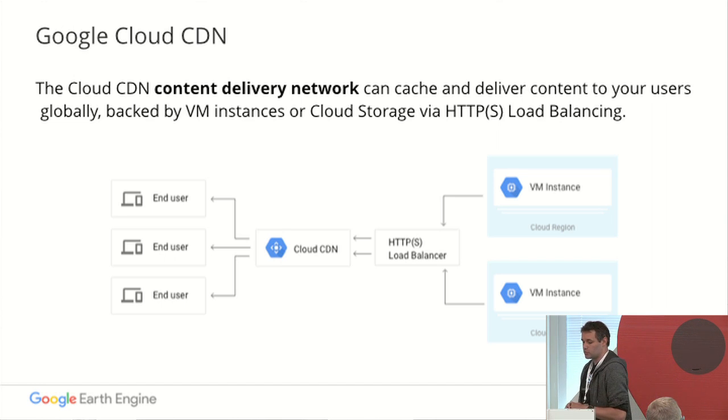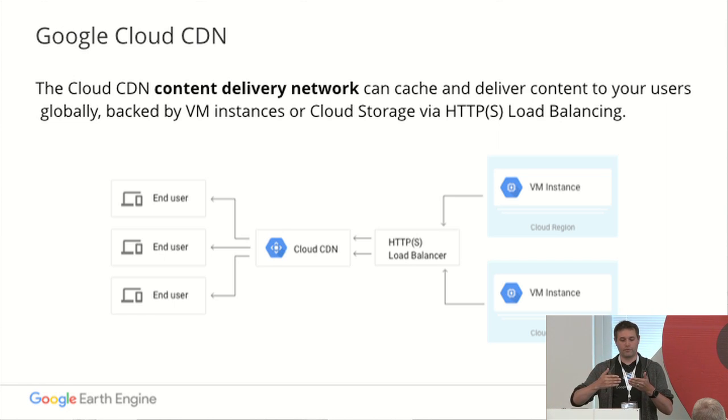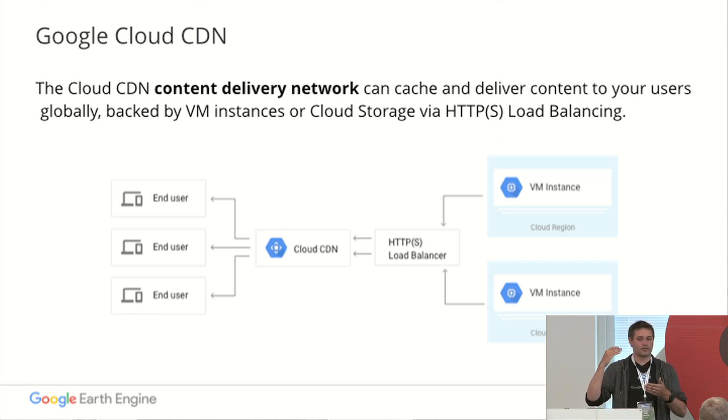And the way this works is you end up paying, if your web application is mostly serving the same static content to most users. So the cache hit rate, we call it, the likelihood if a user is requesting a given object that it's already in the cache, if that's high, then it can be much, much cheaper to serve that out of the CDN, out of the local edge cache, versus serving everything directly out of cloud storage.